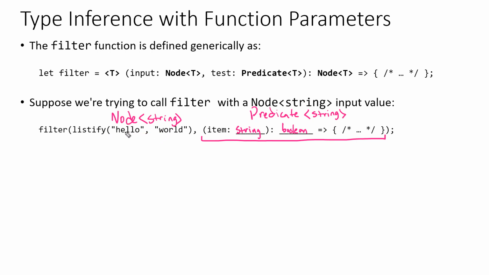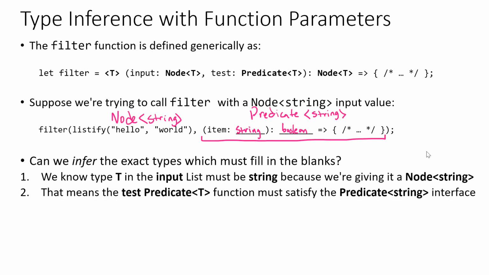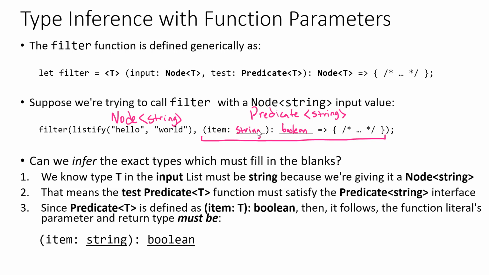We were able to take what we knew from the first input parameter and say, okay, well, if this is going to be a valid predicate, then this item parameter must be type string and the return type must be Boolean. So it turns out TypeScript is able to make that inference as well, and we don't necessarily need to provide those values explicitly ourselves.